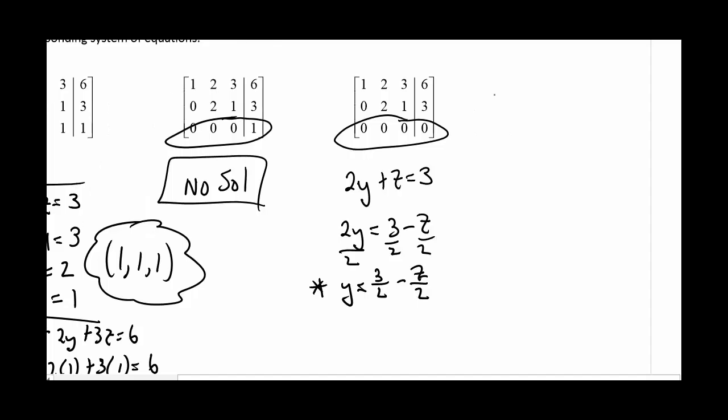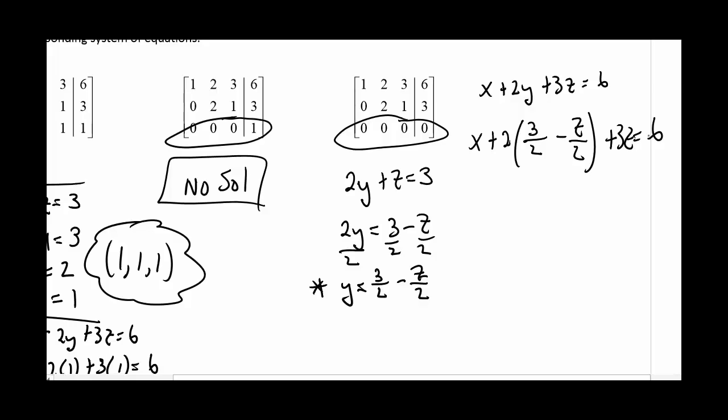Then the top piece says x plus 2y plus 3z equals 6. And I'm going to substitute in that expression that I just found for y. So x plus 3/2 minus z over 2, plus 3z equals 6.